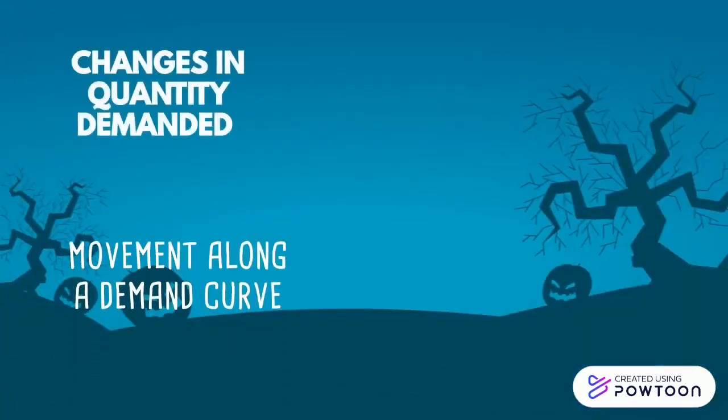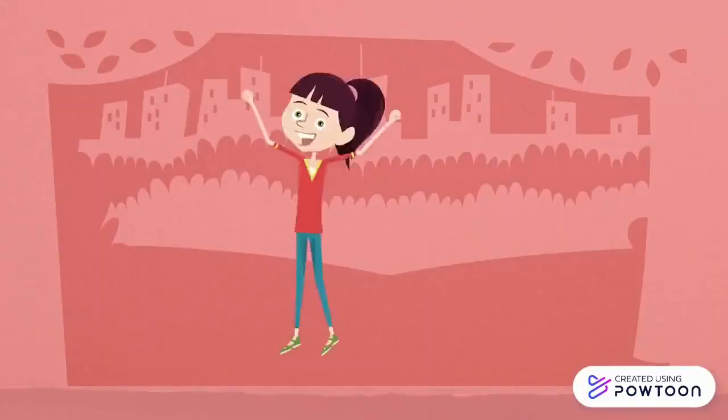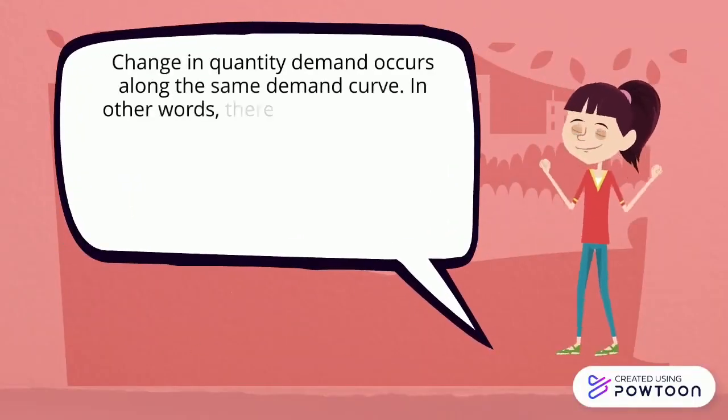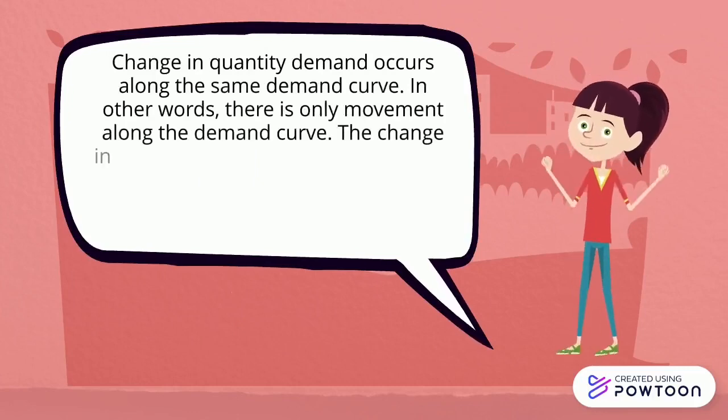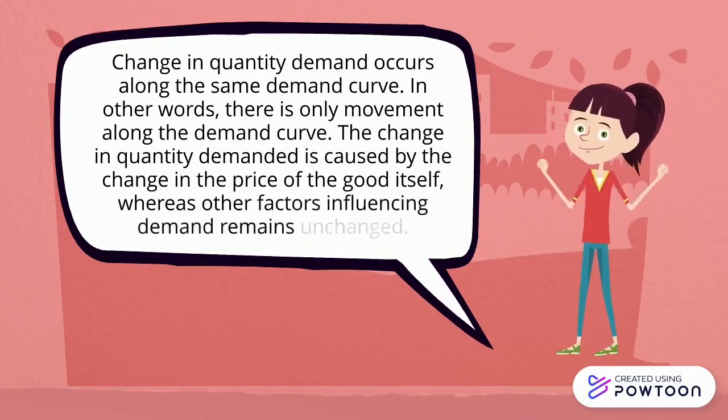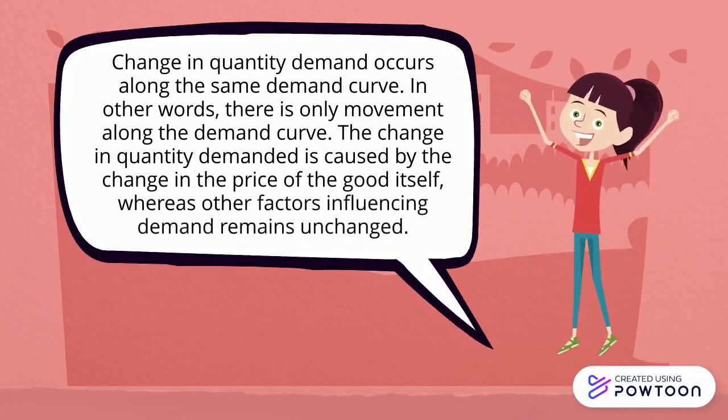Movement along a demand curve versus shift of a demand curve. Change in quantity demanded occurs along the same demand curve. In other words, there is only movement along the demand curve. The change in quantity demanded is caused by the change in the price of the good itself, whereas other factors influencing demand remain unchanged.